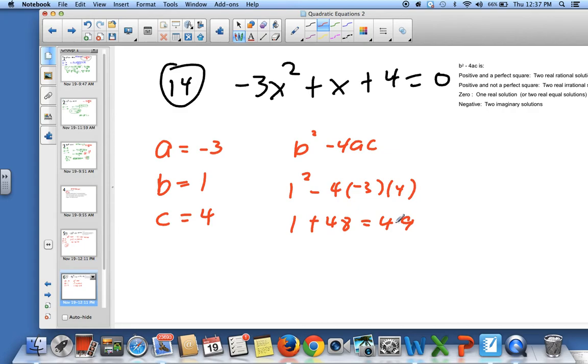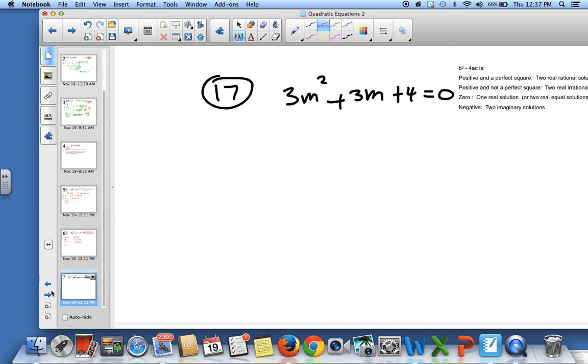So 49 is positive and a perfect square, so we would use this. So there's going to be two real solutions. So the answer to that one, this is number 14, 49, two real solutions would be C. Now the multiple choice problems, they didn't put rational or irrational, so we don't have to worry about that part, but they are rational.